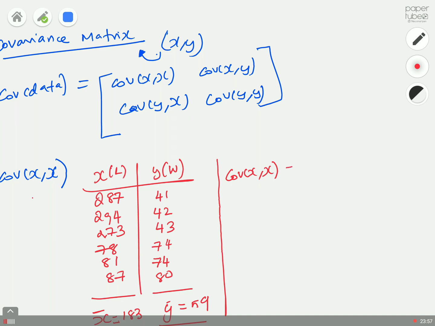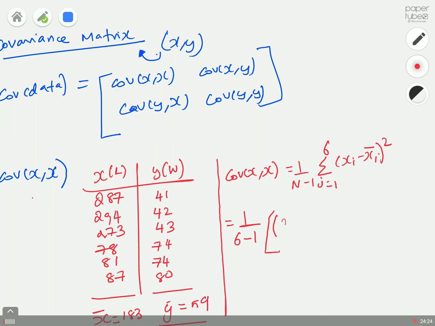So covariance of x comma x should be equal to 1 by n minus 1, summation of i is equal to 1 to 6 in this case, where n is equal to 6, of x_i minus the average of x, the whole square. So that should be equal to 1 by 6 minus 1, and then we take the sum of all the x minus the average of x raised to the power 2.